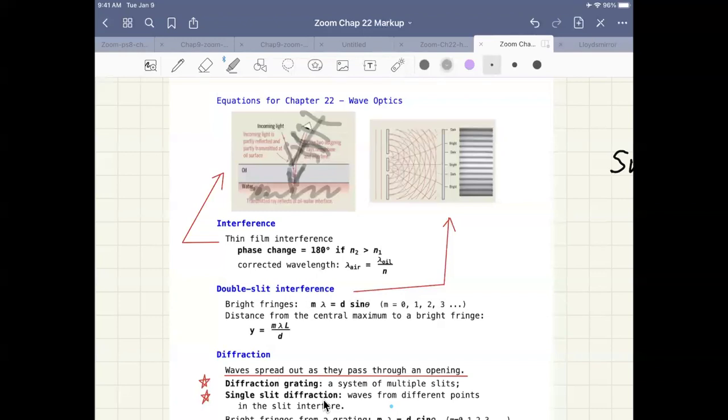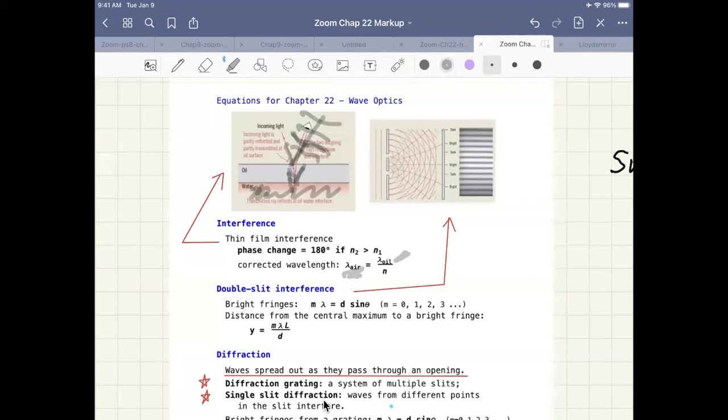So there are various things that can happen. Also, the wavelength in air is not the same as the wavelength in oil. So if you're given the wavelength in air, to calculate the constructive interference, you may need the wavelength in oil, which differs from the wavelength in air by the index of refraction.